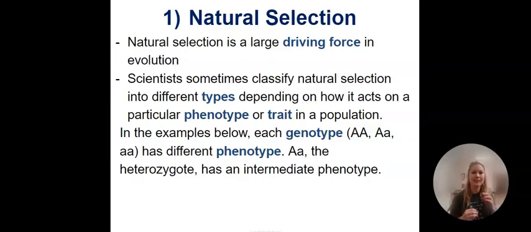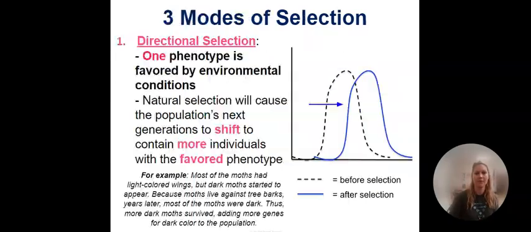There are different types of natural selection that can occur within a population, and that type depends on how the environment influences a specific phenotype or trait within that population. So we're going to look at the 3 different types of natural selection that can occur. Our first type of selection is called directional selection.